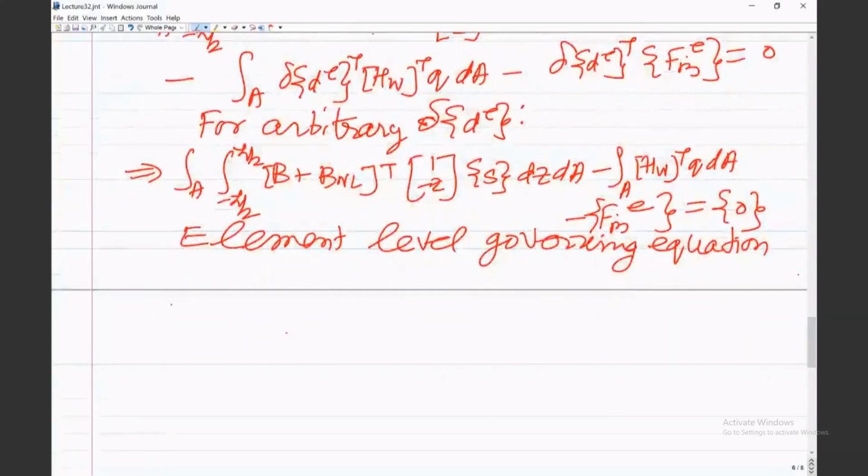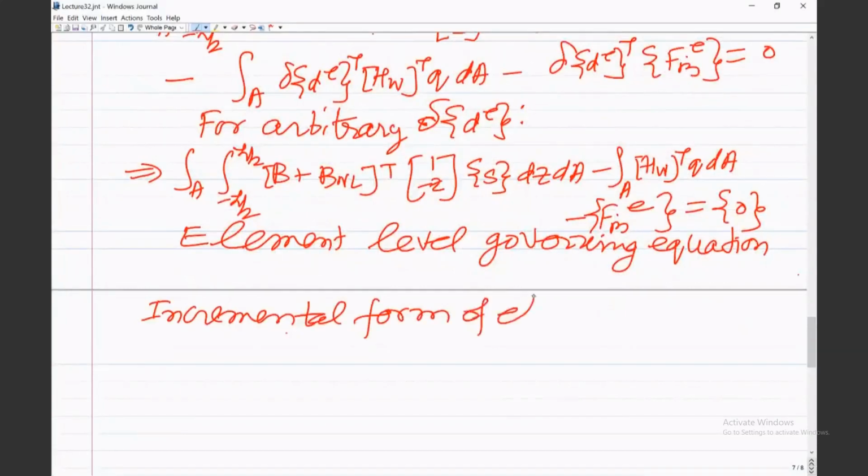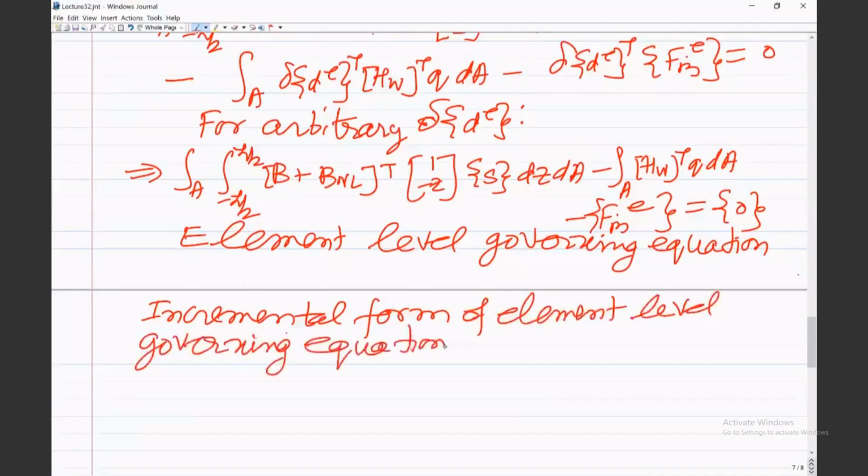So if you look at the incremental form of the element level governing equation, we use the Taylor series, as we have done earlier. So it's a similar thing.